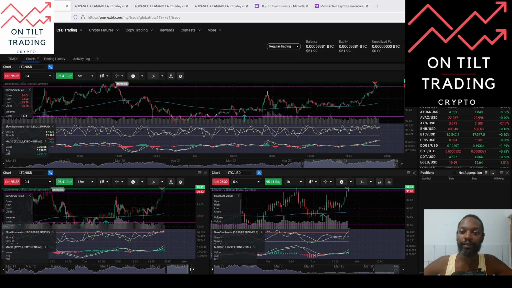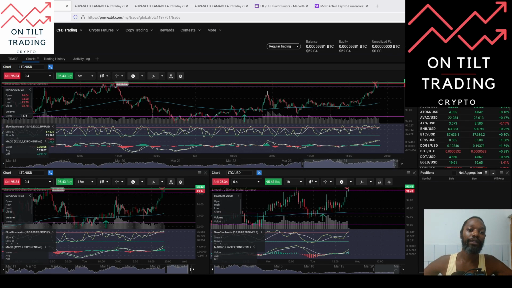These purple lines that you see here are Camarilla pivot points. This is Camarilla pivot R3. This is Camarilla pivot S3. And this trade idea was an S3 to R3 long trade idea.